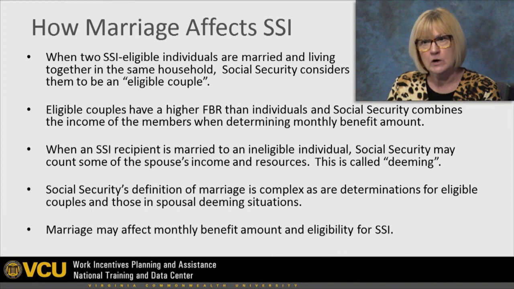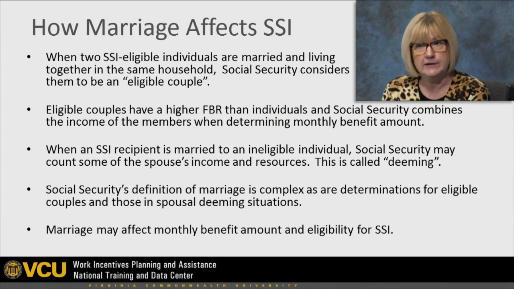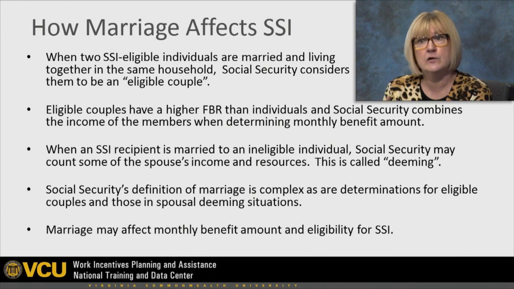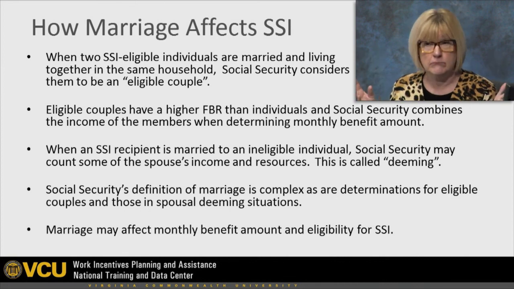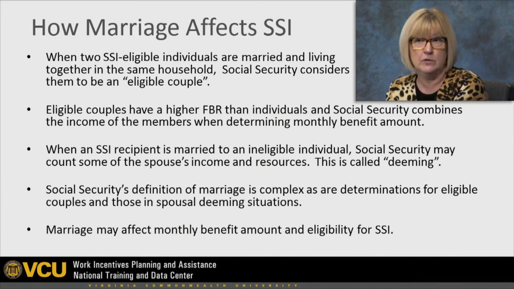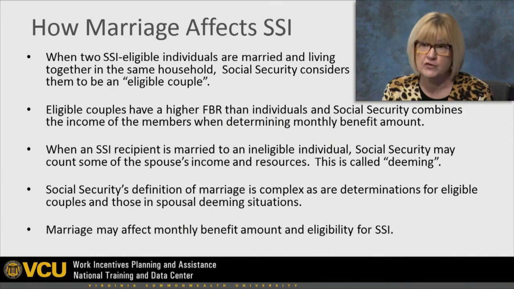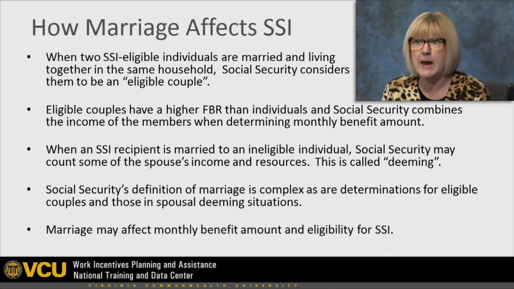I know that word sounds unusual, but here's what it means. It means that Social Security has an expectation that when people are married to one another, they share their income and resources. So there's a complex process that Social Security uses to deem, or determine, a portion of that ineligible spouse's income or resources to be available to the SSI receiving spouse. That makes sense. You would expect that.